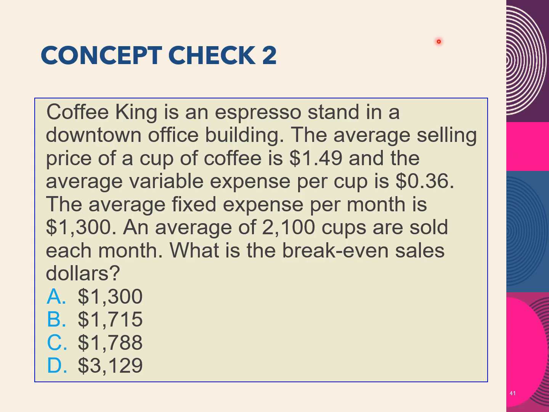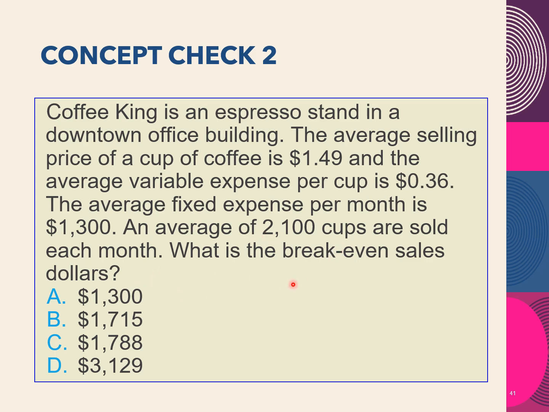Let's do concept check number 2. Again, the same example from Coffee King. Their average selling price is $1.49 and variable expenses is $0.36. The average fixed expenses per month is $1,300. An average of 2,100 cups are sold each month.